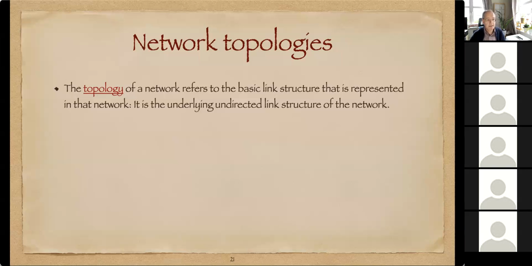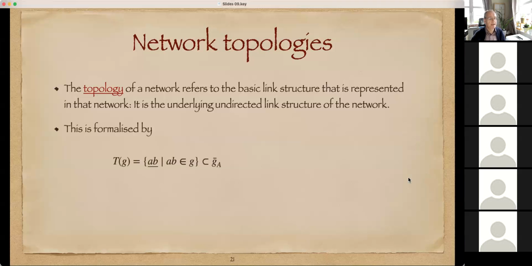That is essentially that you map the edges that correspond to those links. So you make every link an edge in some sense. That's exactly what I do here. So the topology of G, T of G, is simply that you make every link in the network, AB, you make it an edge.